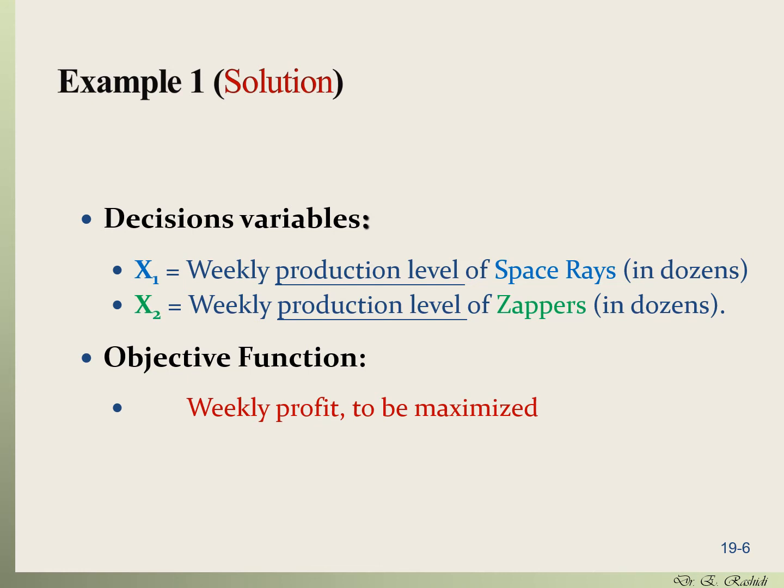Since we are going to use a mathematical model, we have to represent how many space rays and how many zappers to produce with mathematical symbols. Here I'm going to use x1 and x2. X1 represents the weekly production level for space rays in dozens, and X2 represents the weekly production level for zappers in dozens.